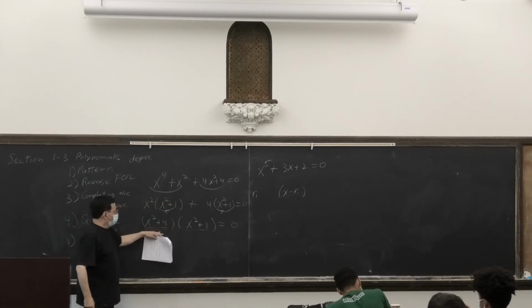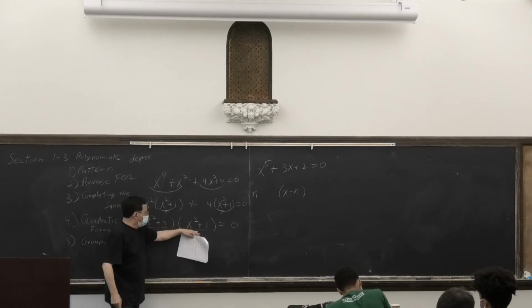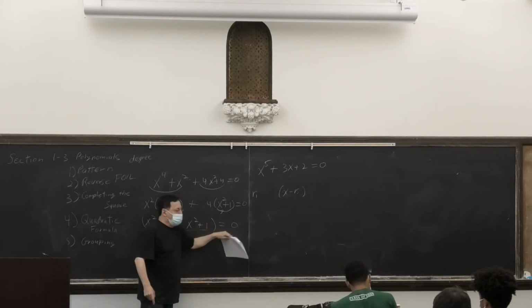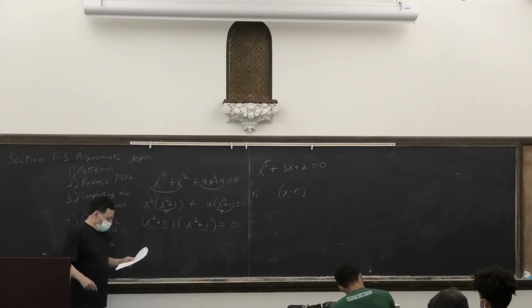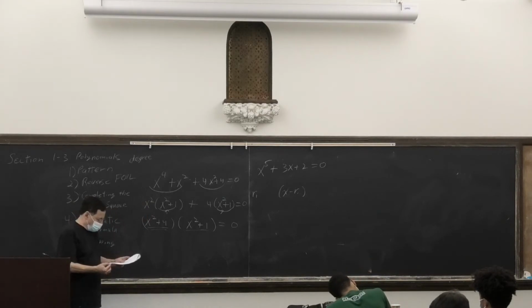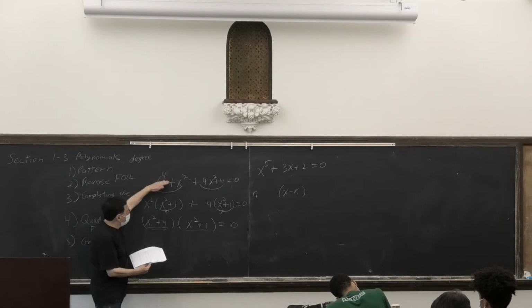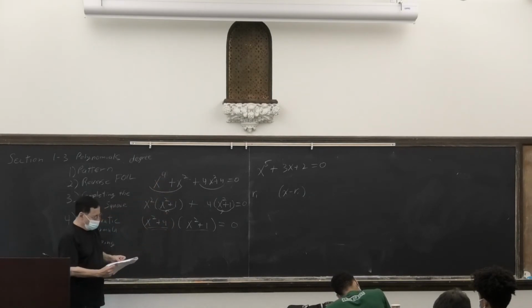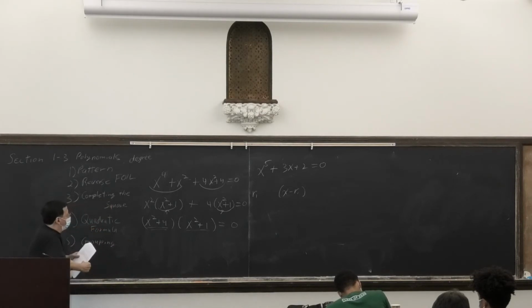These all have to be positive. 2 positives is a positive, can't be 0. There's no way to make that 0. But you can factor this polynomial. So that's one strategy.